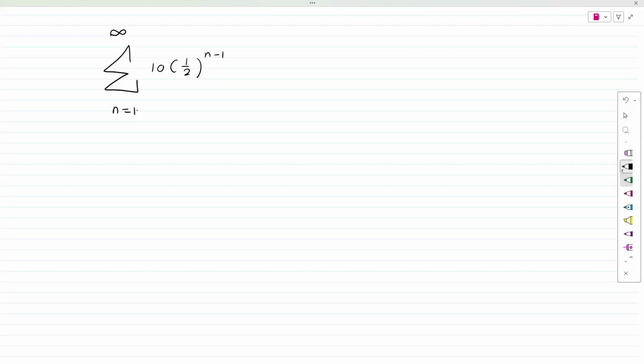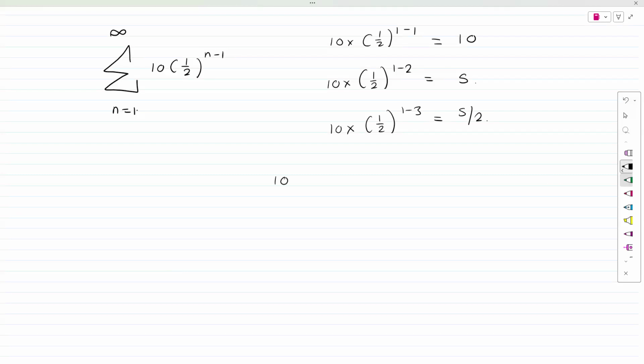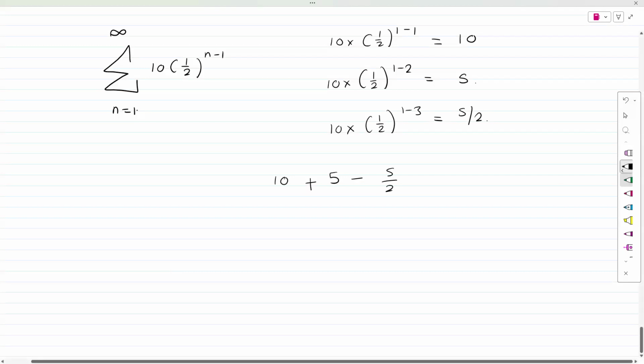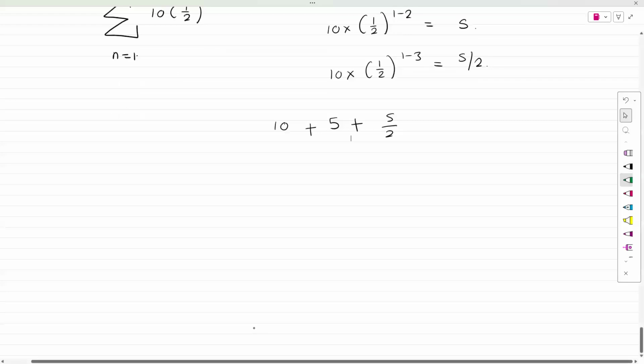Now, guys, step 1 is to find the first three terms because I need to know the formula. n equals 1: 10 times half to the power 1 minus 1, so that's 10. 10 times half to the power 2 minus 1, which is 5. 10 times half to the power 3 minus 1, which is 5 over 2. So my terms are 10, 5, and 5 over 2.